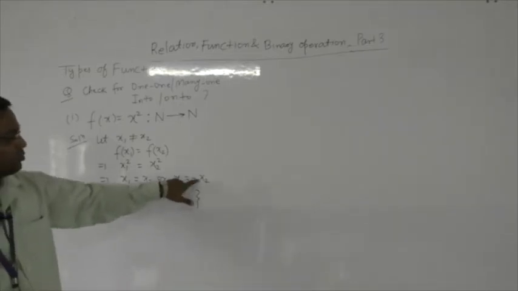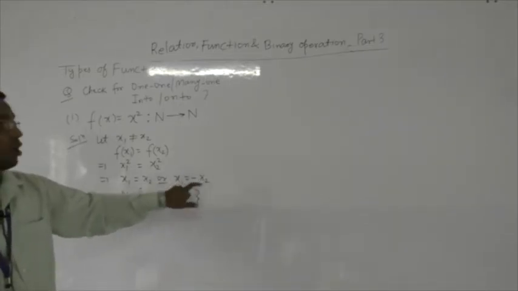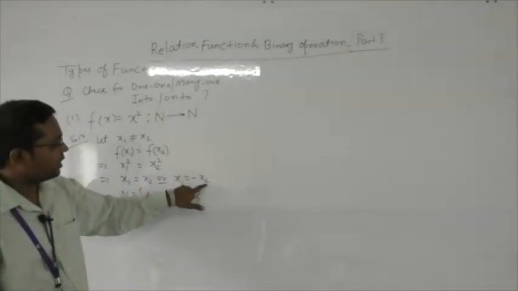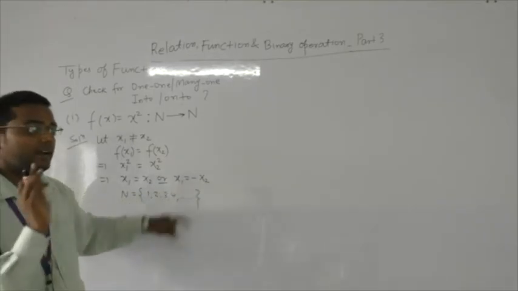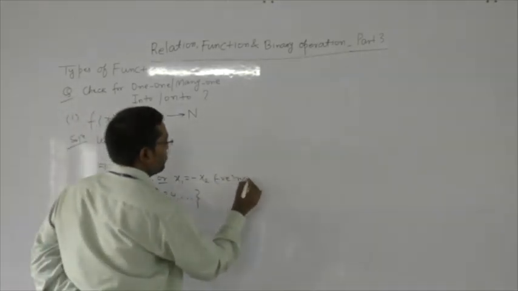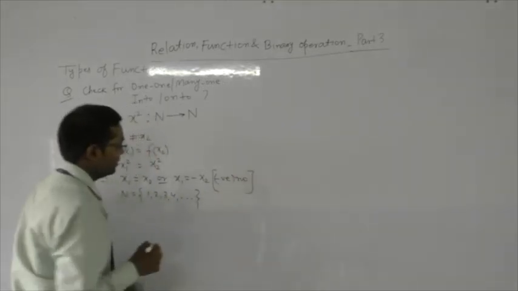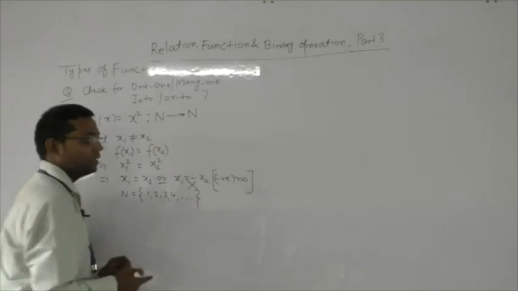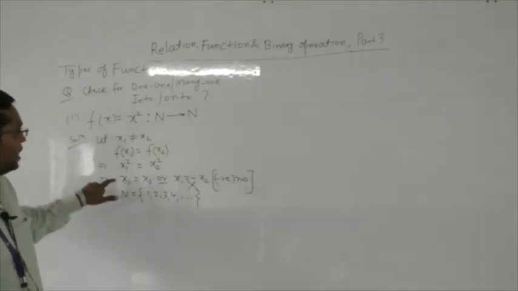But for x1 equals minus x2, here we have a problem. Because x1 and x2 are naturals, the negative of a natural will be a negative number, and any natural number can't be negative. Hence this case will be rejected. So what are we getting?